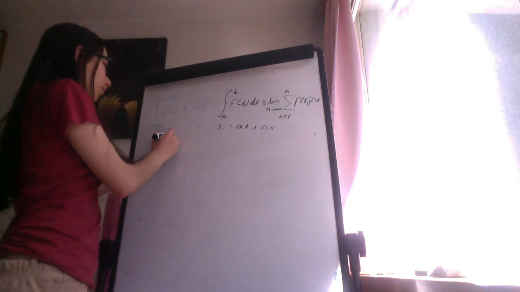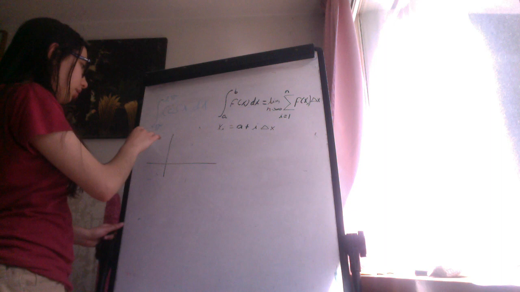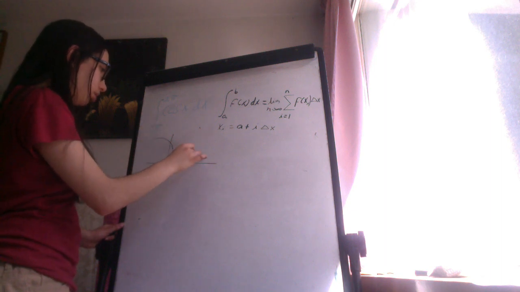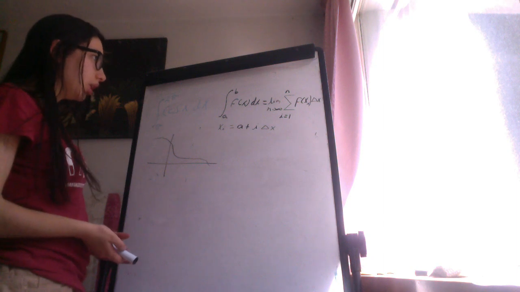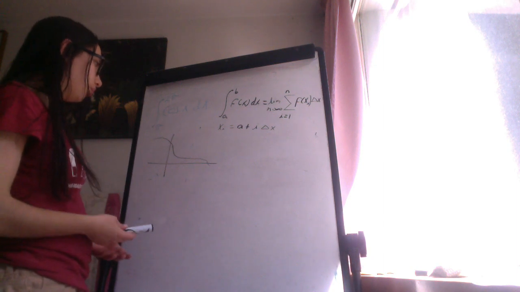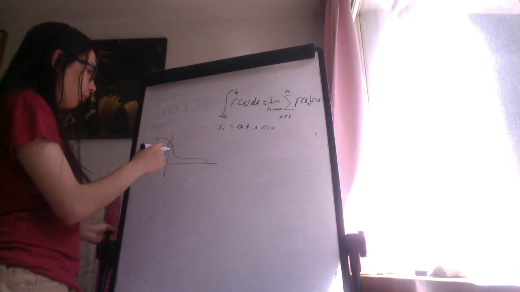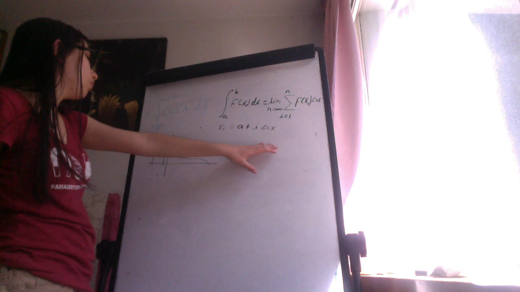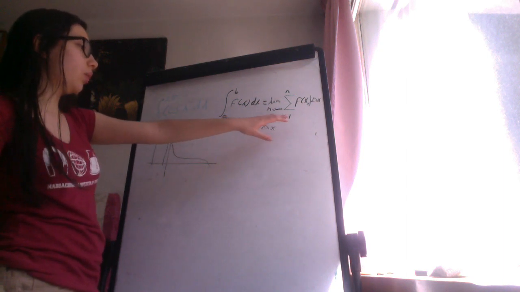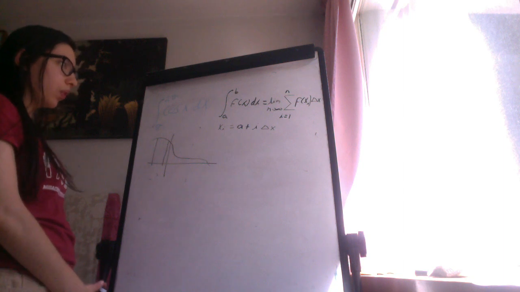Look, we have a function, whatever function it may be. Well, if we want the area from here to here, we will do a Riemann sum. It would be the summation from i equals 1 to n of f of x sub i.